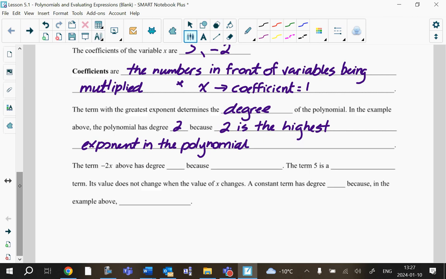We just don't write it, because it's 1. X to the 1 means the same thing as x. Y to the 1 means the same thing as y. 7 to the 1 means the same thing as 7. So this term actually has degree 1 because negative 2x is the same as negative 2x to the first.